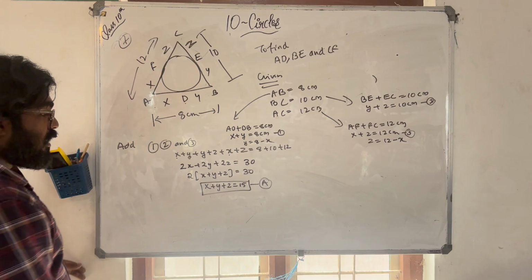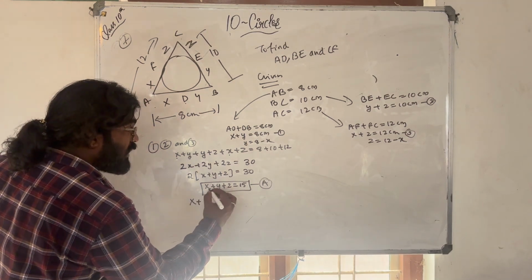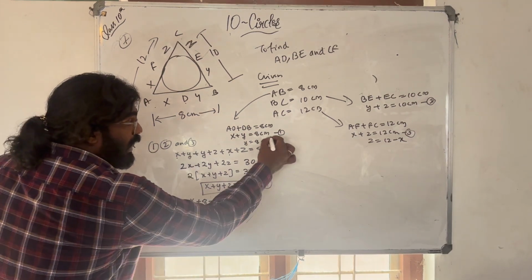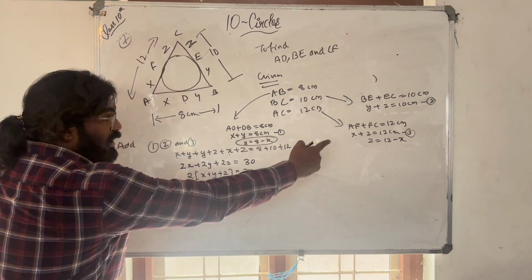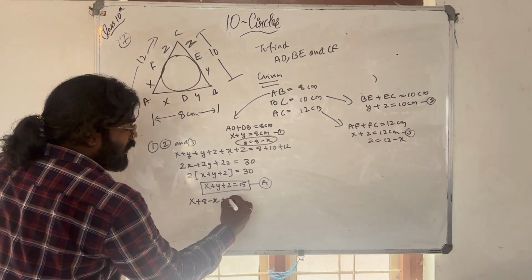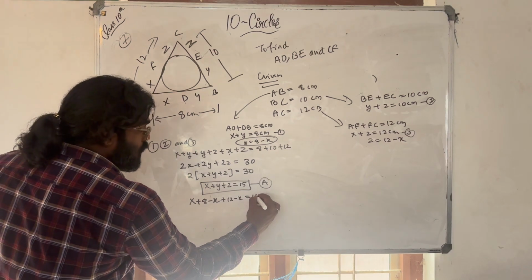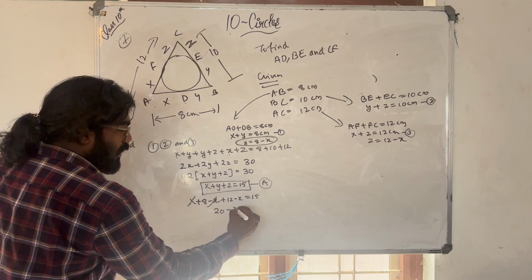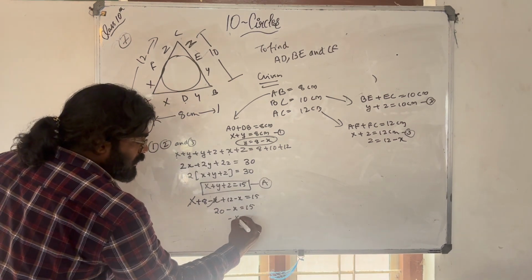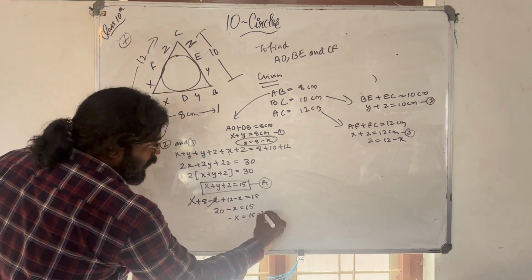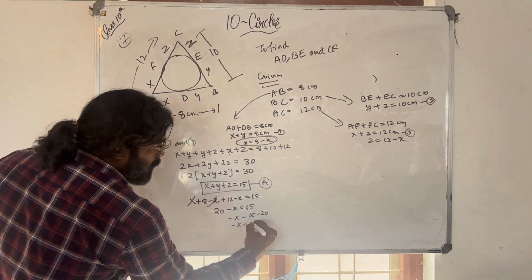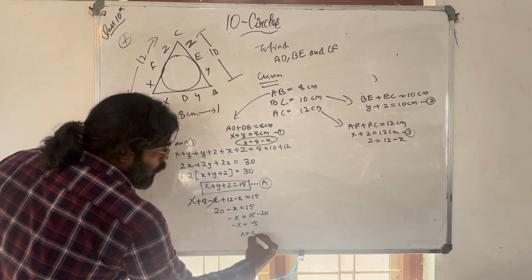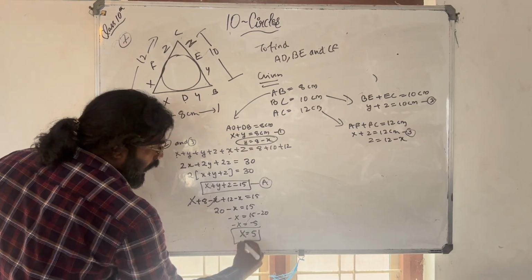So X plus Y is 8 minus X, and Z is 12 minus X, is equal to 15. So X plus 8 minus X... 20 minus X is equal to 15. So minus X is equal to 15 minus 20, minus X is equal to minus 5. X is equal to 5.